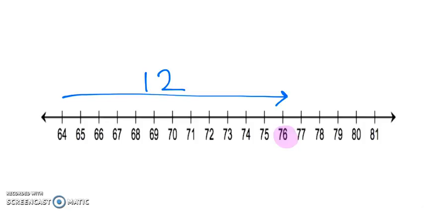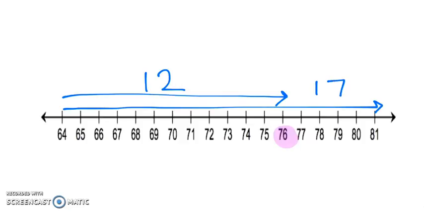Then we need to look at how far away 64 is from the perfect square of 81. That distance would be 17 units. We can use those two numbers, part over whole, to form a fraction, 12/17.